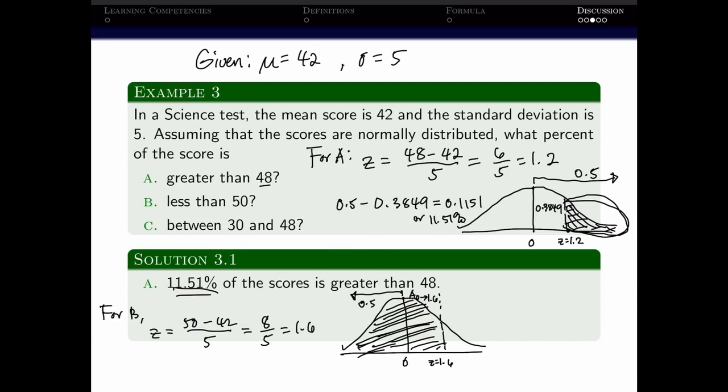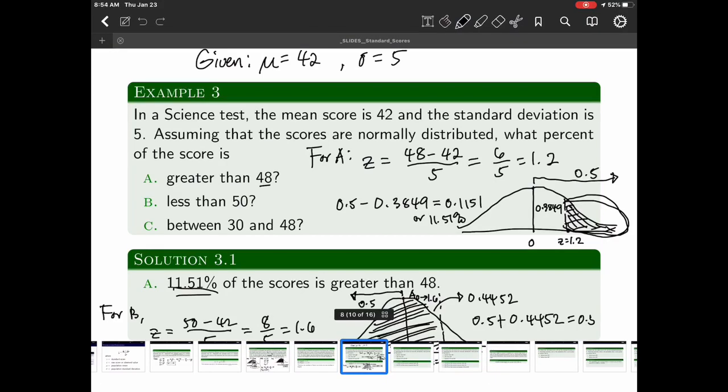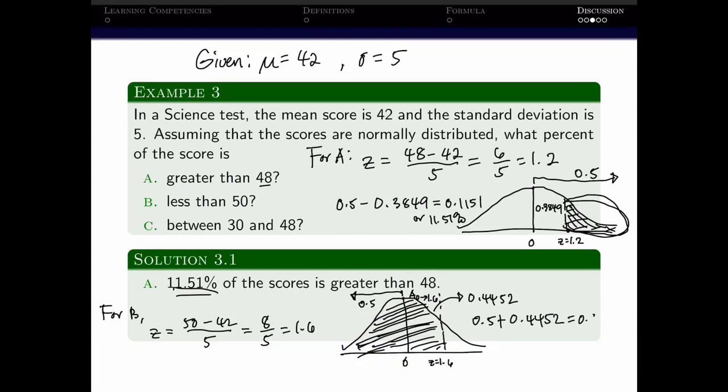So this area here is 0.4452. If we add the two areas, 0.5 plus 0.4452, we'll get 0.9452, or 94.52%.